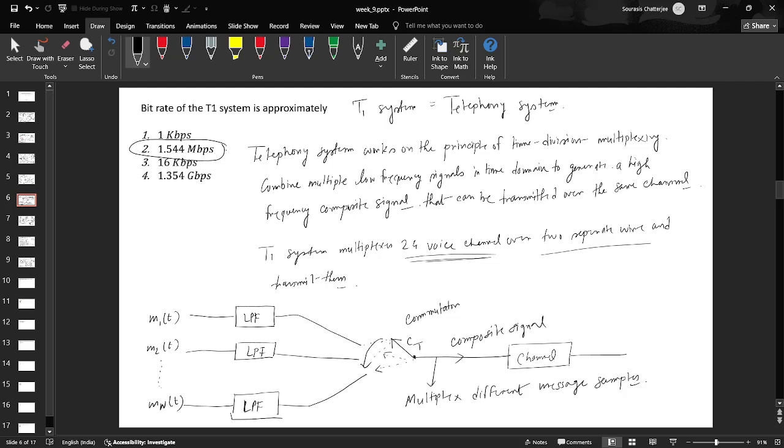You are also supposed to know there is one synchronization pulse, and that the T1 system uses a mu law quantizer with 256 quantization levels. Only if you know all these three things about the system can you answer this. So just remember these numbers in case you have a question regarding the T1 system where those values are not mentioned.